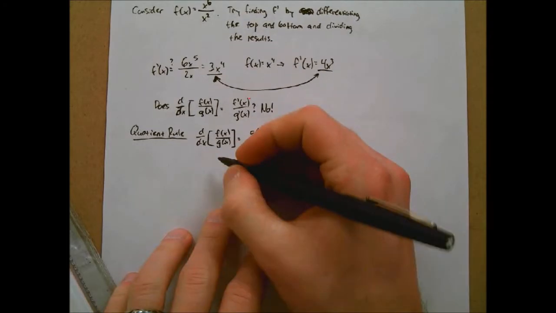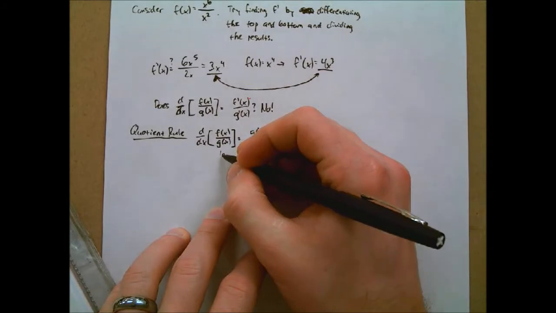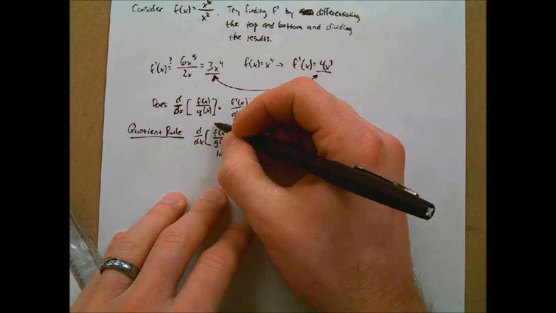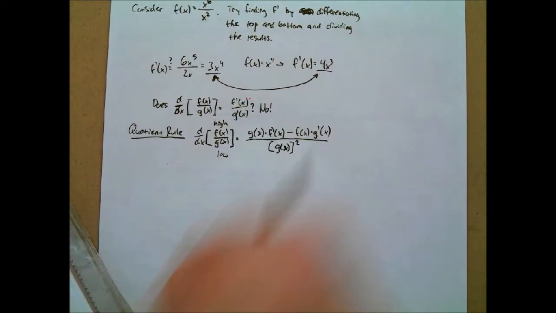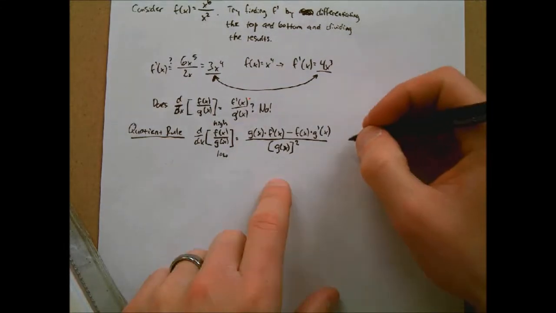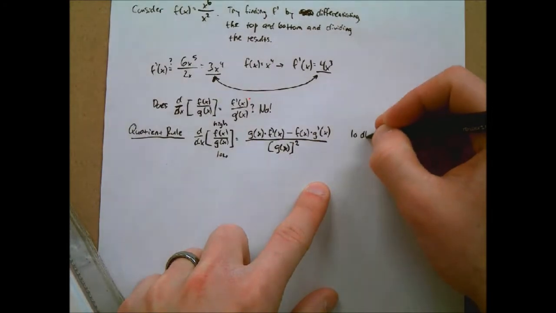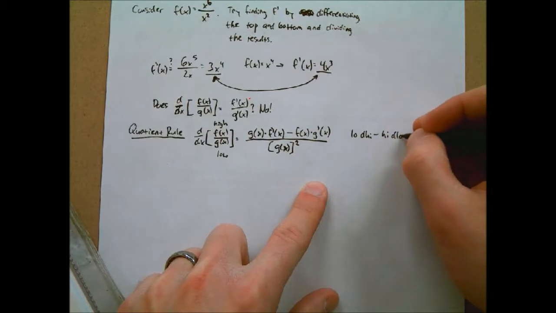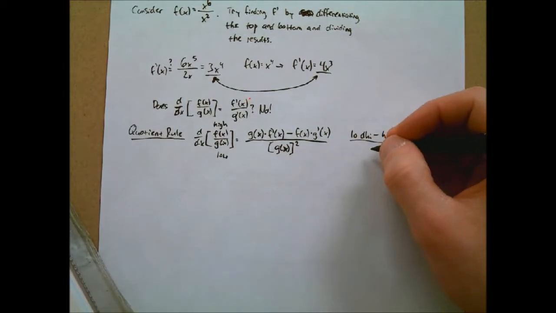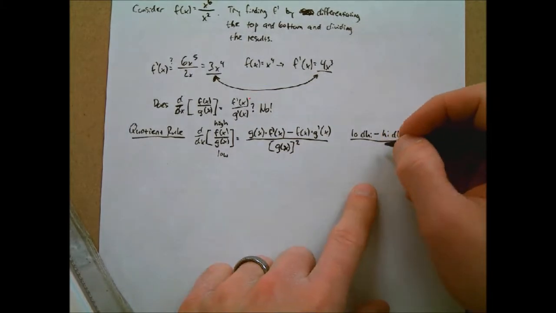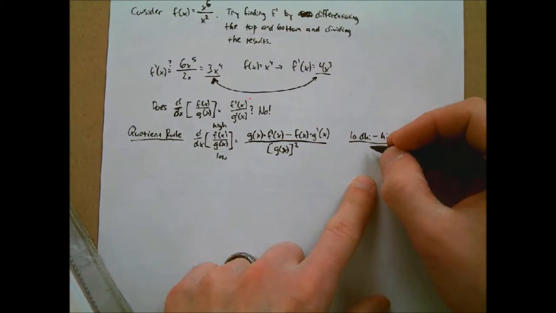But the idea is, if you refer to the bottom function as low and the top function as the high function, high is on top, low is on the bottom, you can remember it with: low d high minus high d low over the square of what's below.